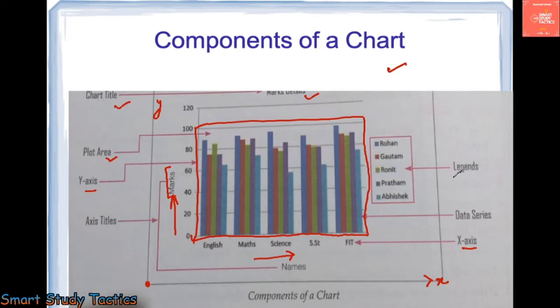So these are the legends. Now data series are the columns. These columns are known as the data series. Now axis titles, these are the axis titles, that is pretty clear to everyone. In the y-axis you are representing the numbers, in the x-axis you are representing the names.